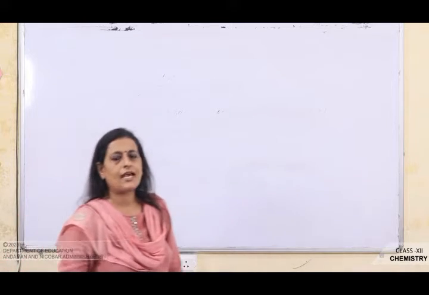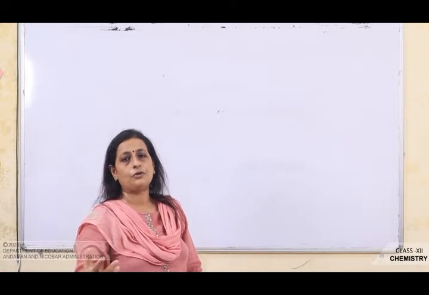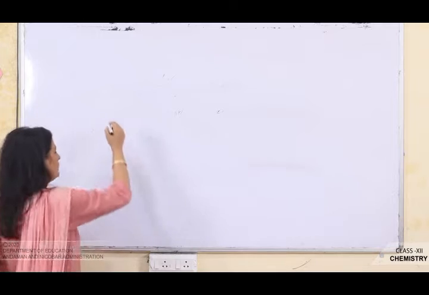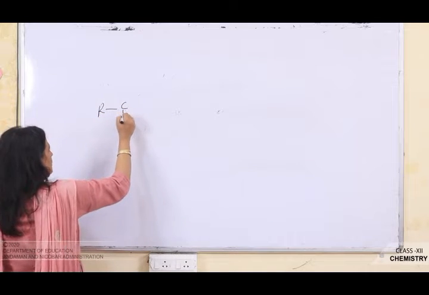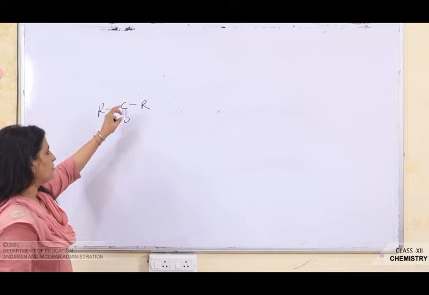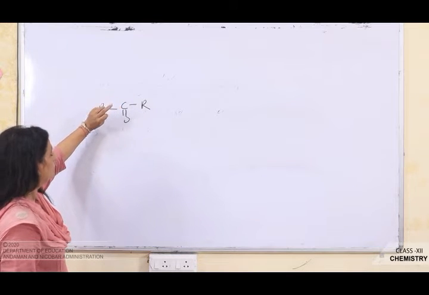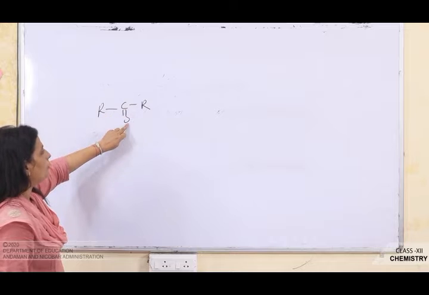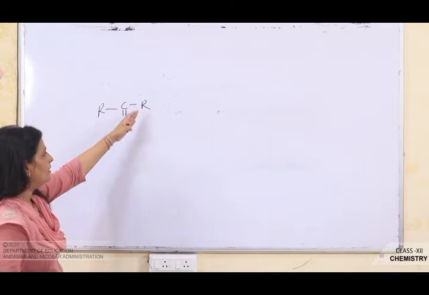The same reagents can be used to reduce a ketone to secondary alcohol. See here, RC=OR. This is the general formula for a ketone. So here also you see one hydrogen will add to this carbon and one to oxygen. So again you are getting which alcohol? Secondary alcohol.